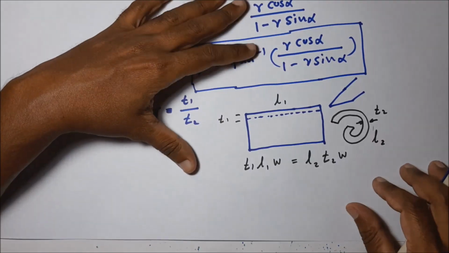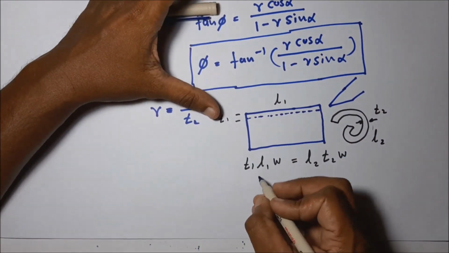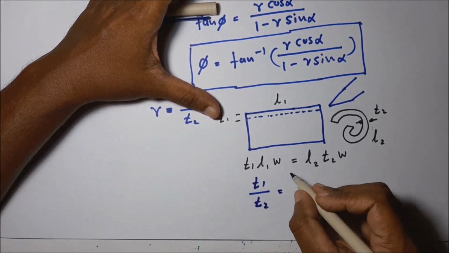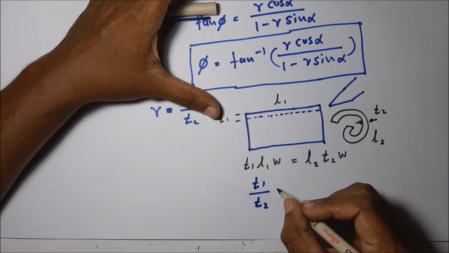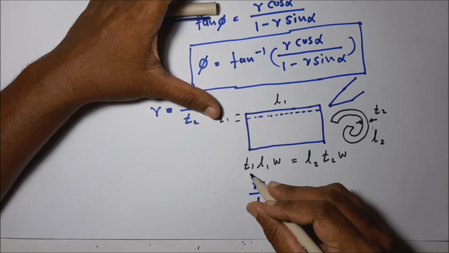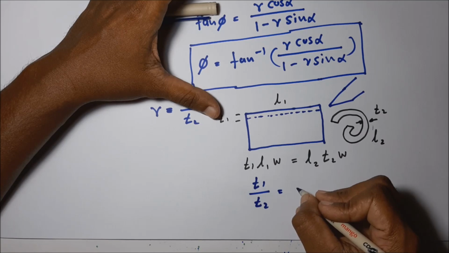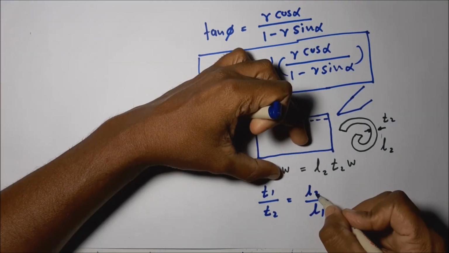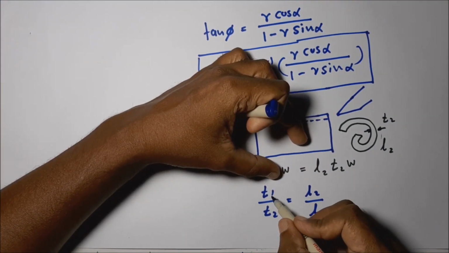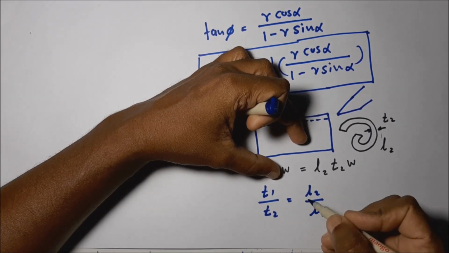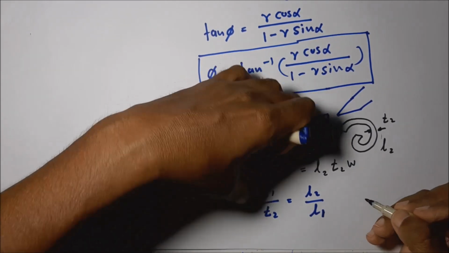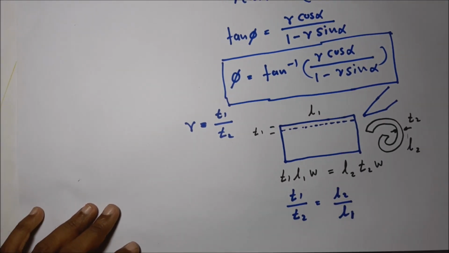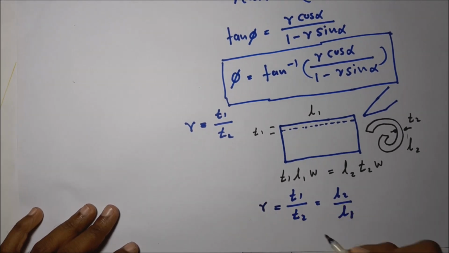Then we can further simplify this by taking T1 divided by T2 equal to L2 divided by L1. T1 divided by T2 is equal to L2 divided by L1. That means it is equal to the chip thickness ratio.